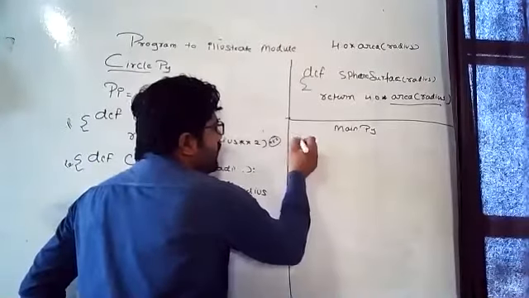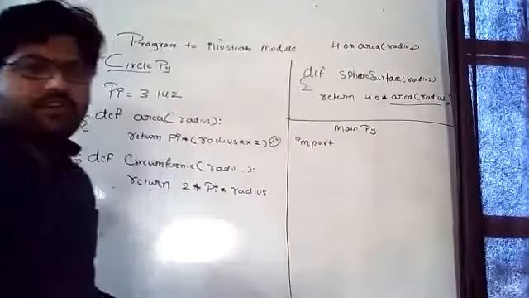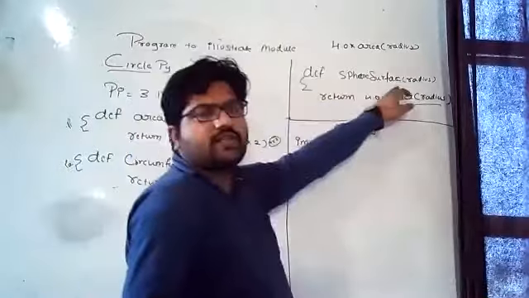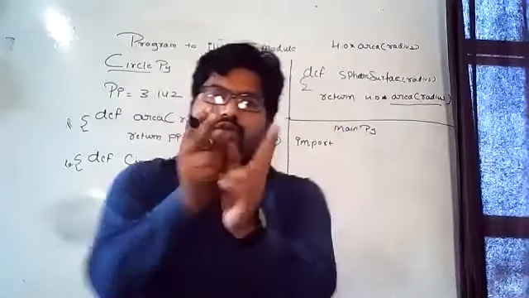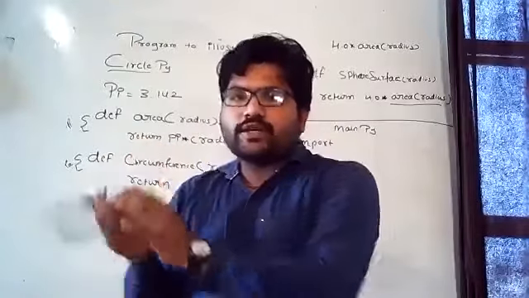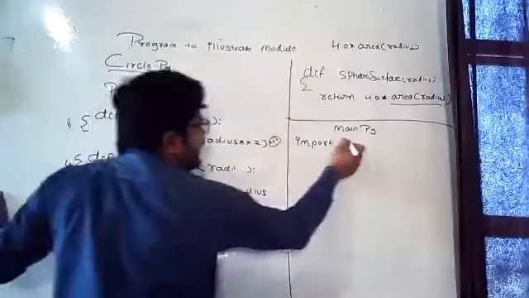Here, import. You know the functionalities: area is there, circumference is there, sphere surface is there. You can implement both statements, that is the import statement, and another one is the from import statement. I'll just import, because I'm going to pass all the values here.